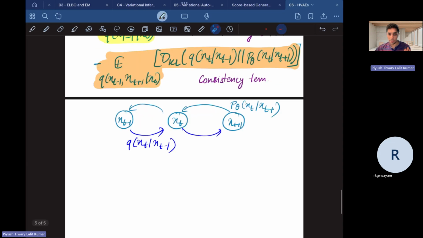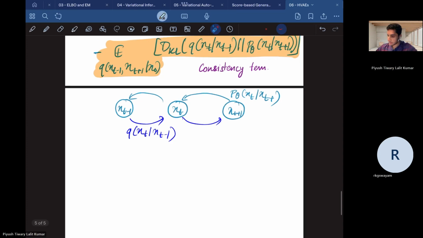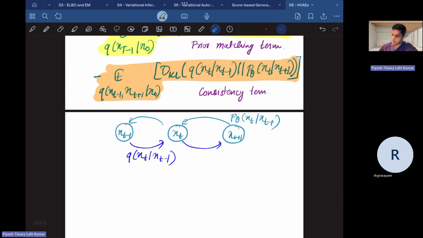However, there is one problem with this formulation. The problem is this expectation here, which is with respect to two random variables, xt minus 1 and xt plus 1. You can see that, right? When you approximate this expectation, you will take a Monte Carlo estimate.